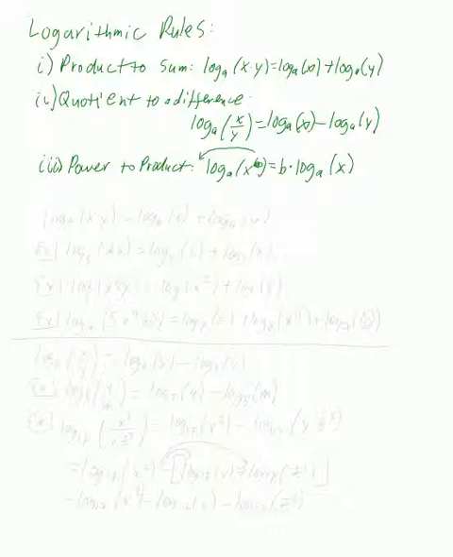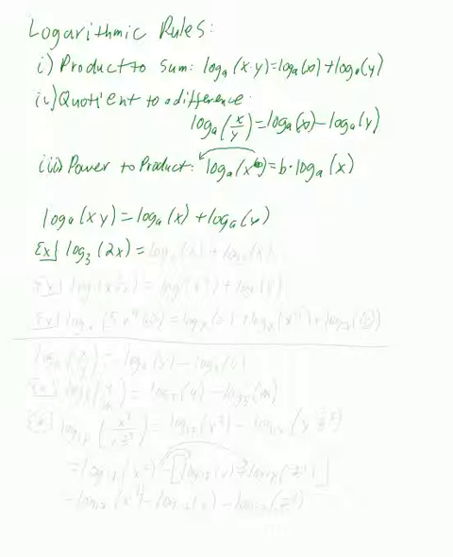Let's start with the first rule. Log base a of x times y equals log base a of x plus log base a of y. We'll start with an example. Let's take log base 3 of 2 times x, or 2x.